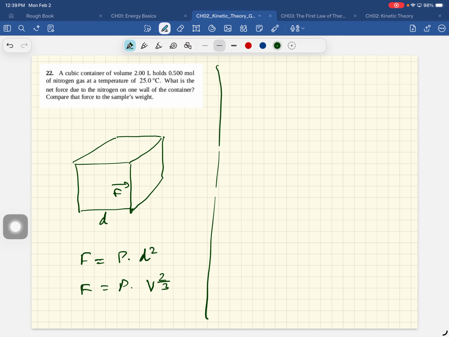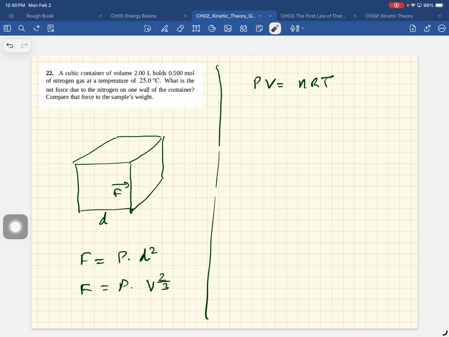Well, what is this? PV is nRT. They give us the volume, moles, and temperature for a cubic container of nitrogen gas.